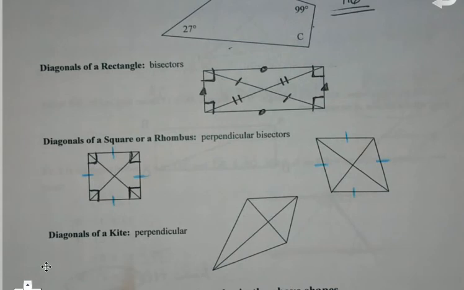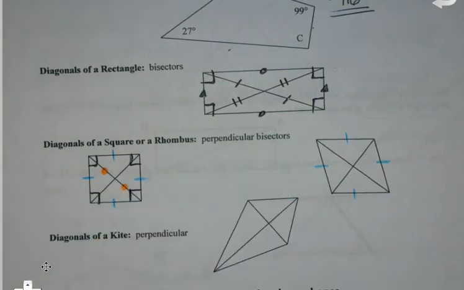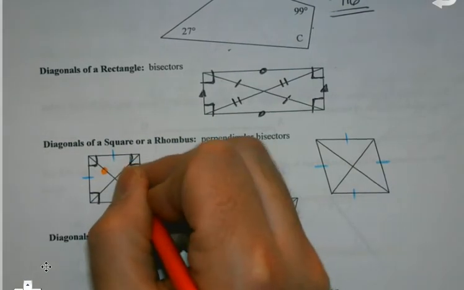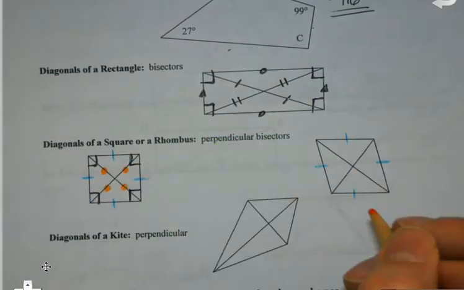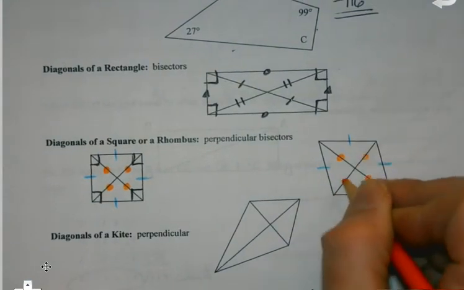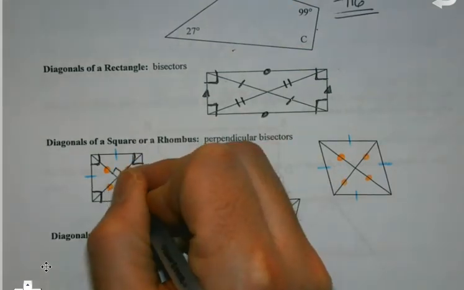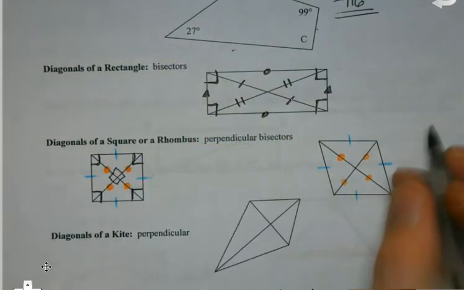It also mentions that their diagonals are perpendicular bisectors. Now here's what that means. Not only does it cut the diagonals in half, but it also creates right angles right in the middle of my shape.